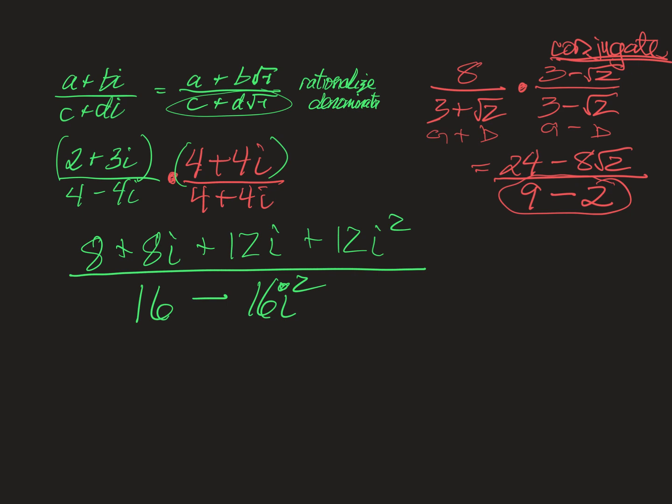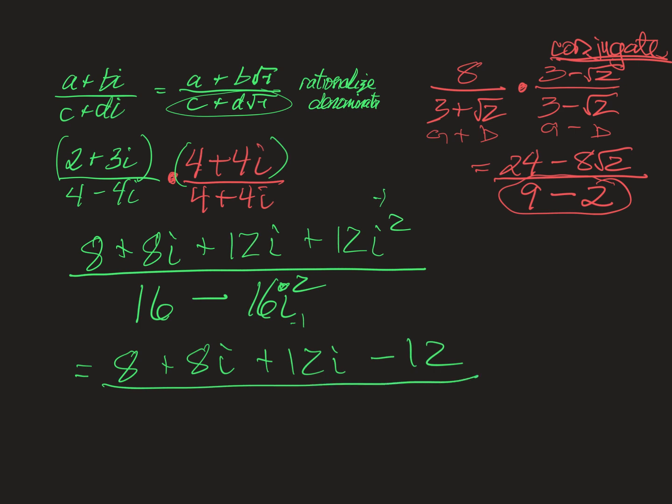Okay, now i squared is equal to negative 1 in each case. So this now becomes 8 plus 8i plus 12i minus 12 in the numerator, and the denominator becomes 16 minus 16 times negative 1, 16 plus 16. Okay?